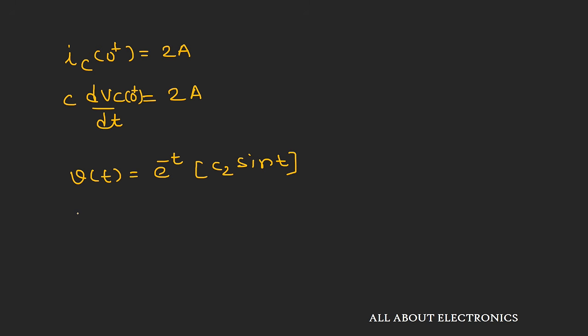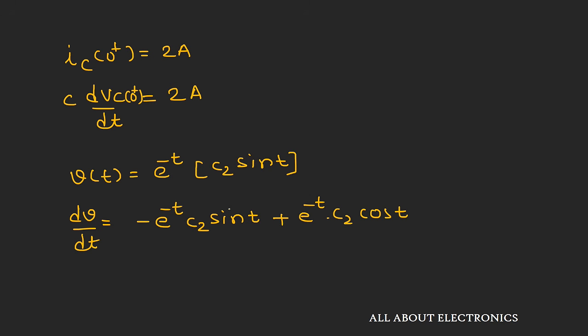So now let's differentiate this equation with respect to t. We'll get dV by dt as minus e to the power minus t into C2 sin t plus e to the power minus t into C2 cos of t. And we know that the value of dVc by dt at time t is equal to 0 is 2 ampere. So if you put this value, then we will get e to the power minus 0 into C2 cos of 0 plus 0.